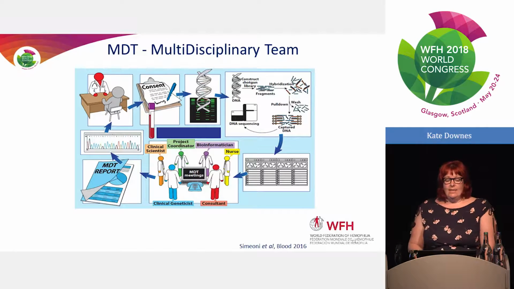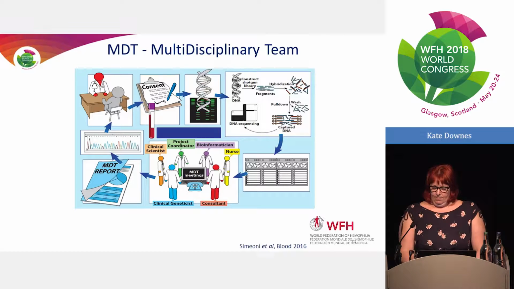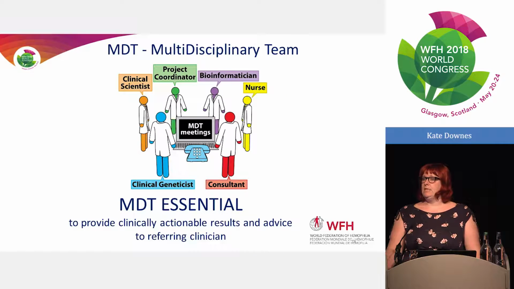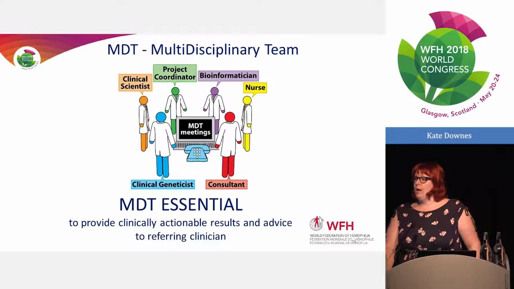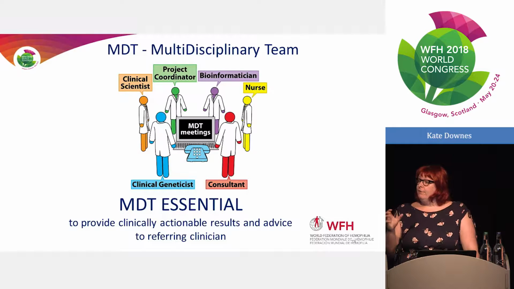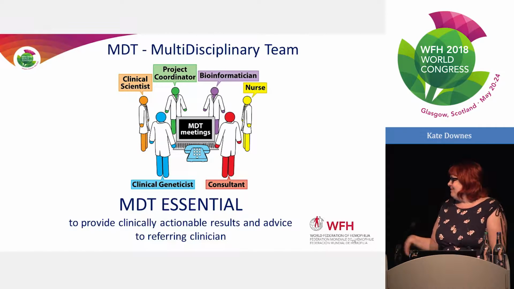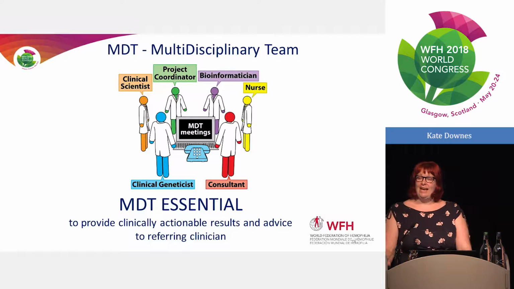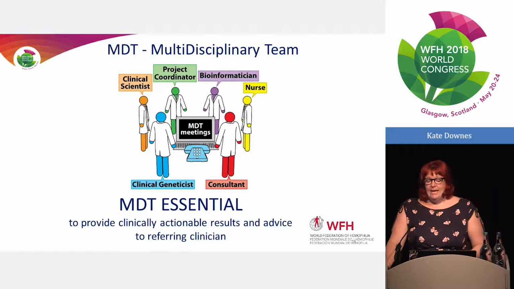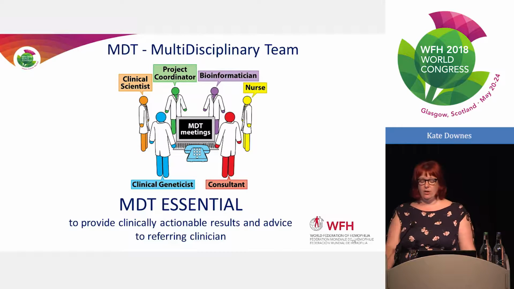So I've just got a slide of the whole process, but I want to focus on this multidisciplinary team meeting where we bring the clinical information and the pedigrees, as we've been talking about, of the patient, along with the family history and the genetic data, and we bring these together with statisticians and clinical scientists and hematologists to provide a genetic diagnosis to the patient.